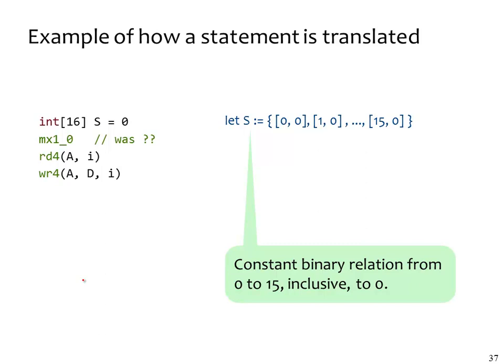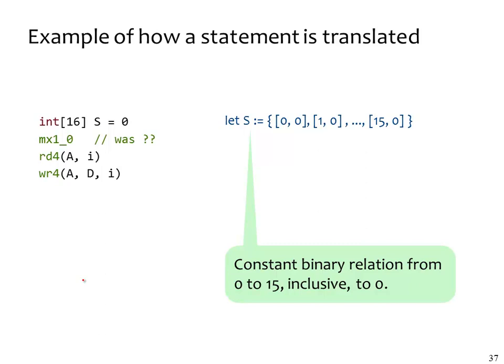In this case, the elements of the array are also integers. And this initialization function, what is it doing? It's just basically setting everything to 0, and that is exactly what the relation up there is showing. So we're just binding it to some name S, so that later, as we're translating the program, we can refer to it, right? So we're just introducing some syntax called S, and it is bound to this relational value.